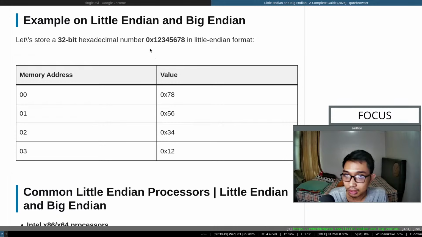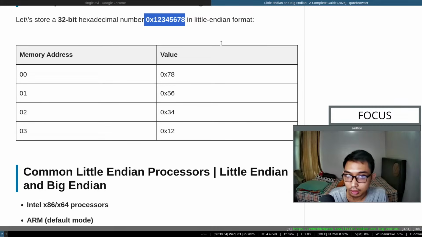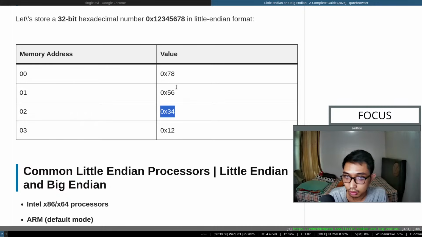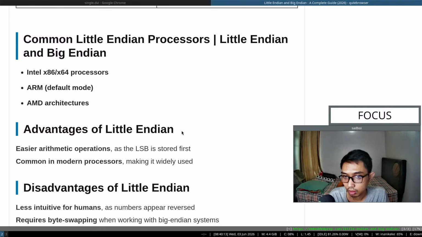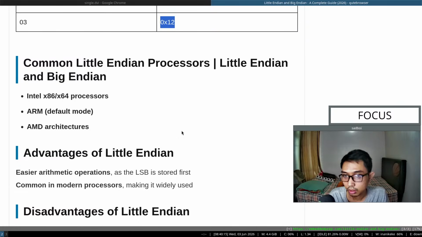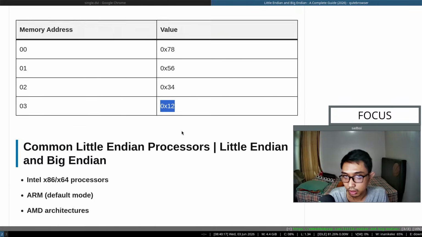Okay, and in little endian format, this is the value. Least significant byte is stored first.